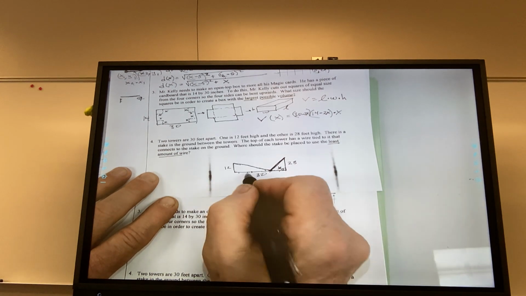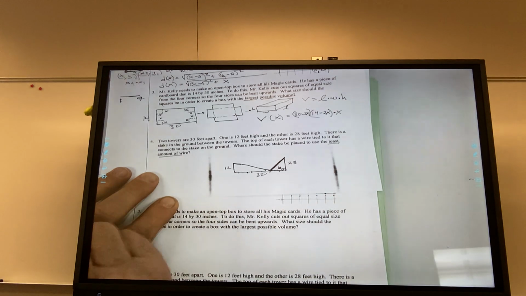If this was 29, this would be 1. How am I getting those numbers? I know they add up to 30. You were correct, and I think I confused you.